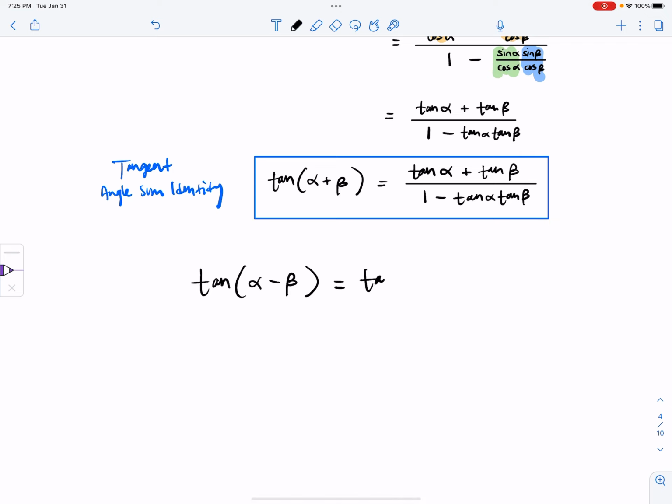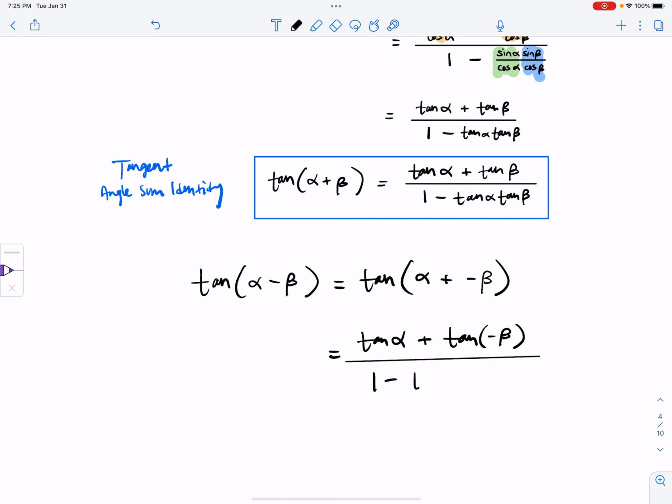So what about tangent of alpha minus beta? Well, we can rewrite alpha minus beta as alpha plus negative beta, where then we can think about applying the identity from above. But wherever we see a beta, we're going to replace it with a negative beta. So tan alpha plus tan of negative beta over 1 minus tan alpha, tan of negative beta.